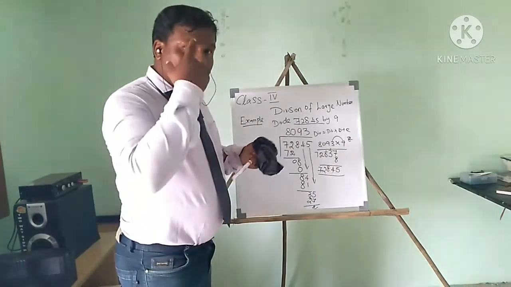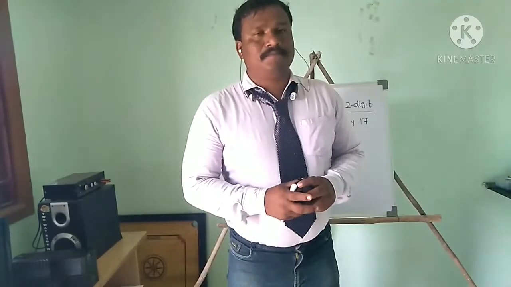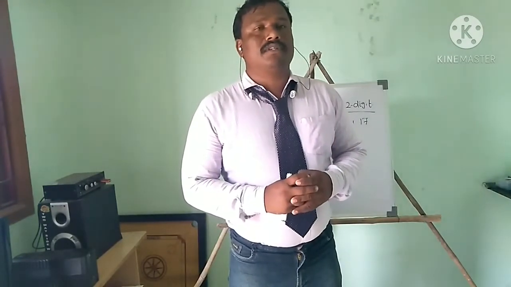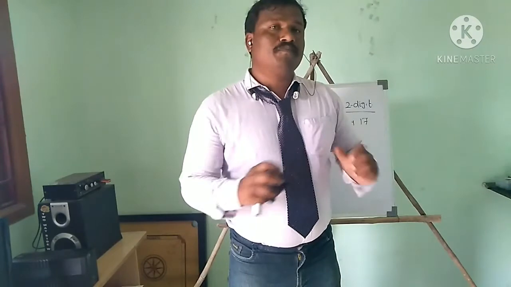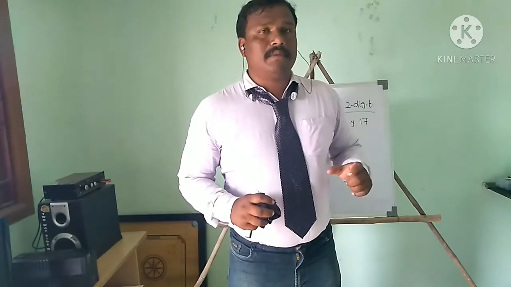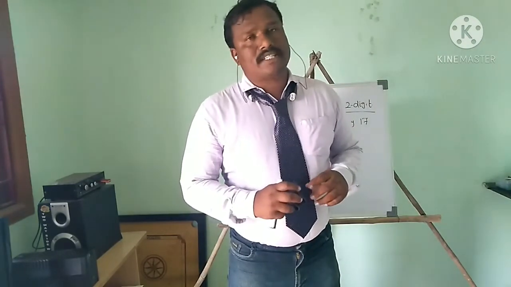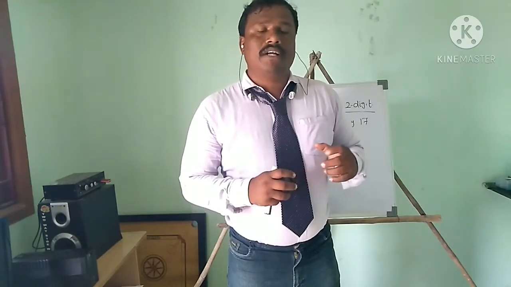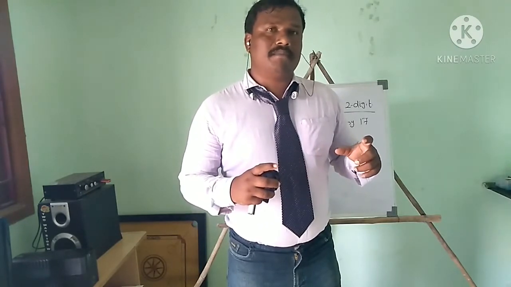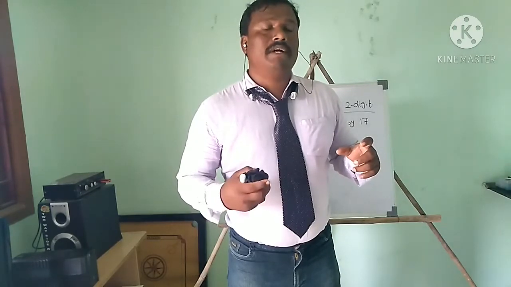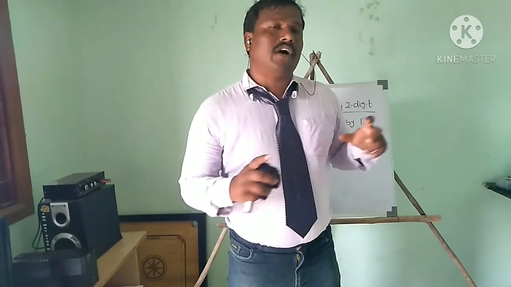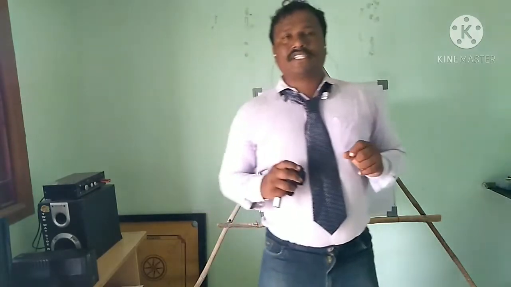Hello students. Last class we talked about how to divide a large number by a one digit number. Now I will tell you how to divide a large number by a two digit number.